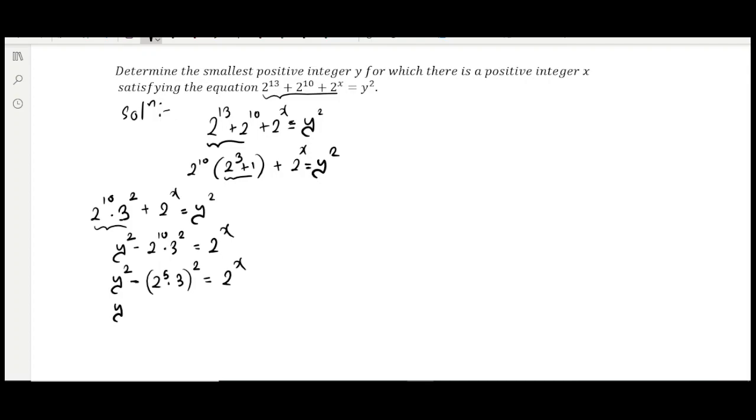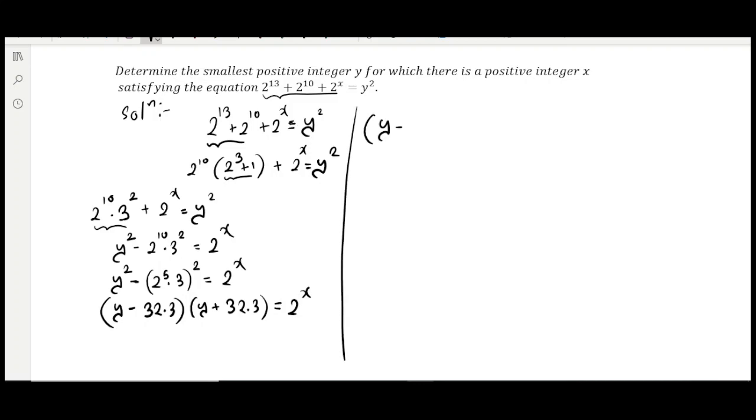So it will become y minus 2 raised to power 5, which is 32, into 3, times y plus 32 into 3, equal to 2 raised to power x, which is nothing but y minus 96 times y plus 96.